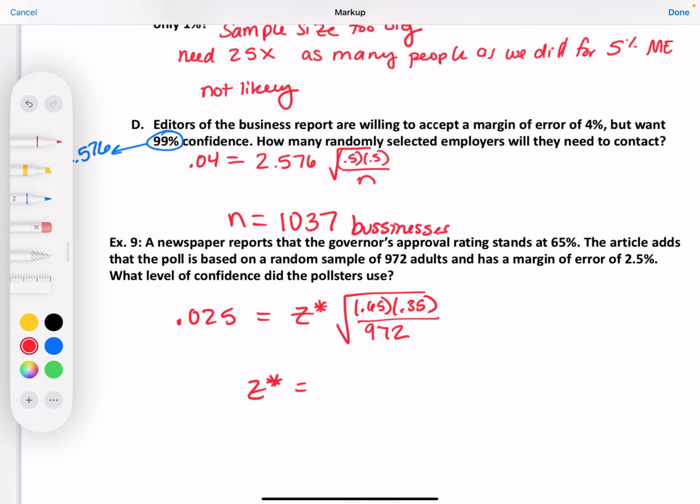I got 1.6. Is there any other decimal to it, or is it just 1.6? Yeah, it's 2 zeros after that. So, approximately 1.6.